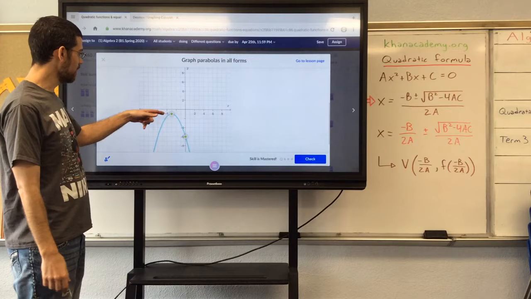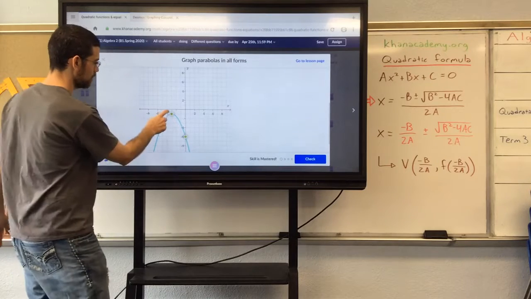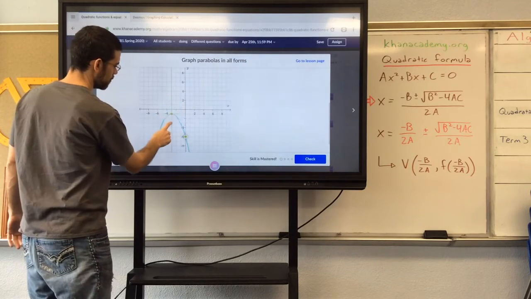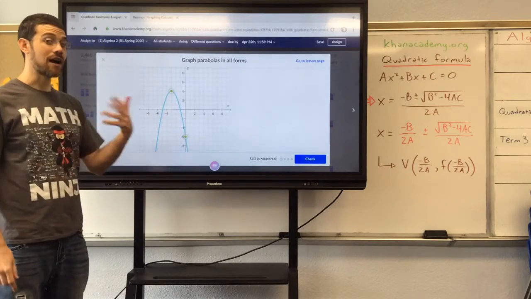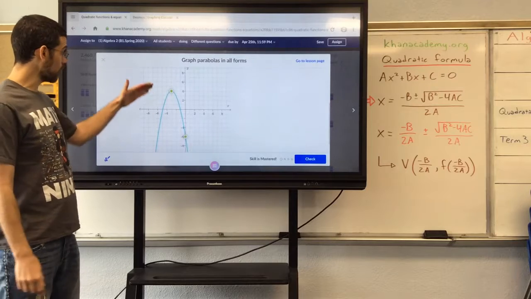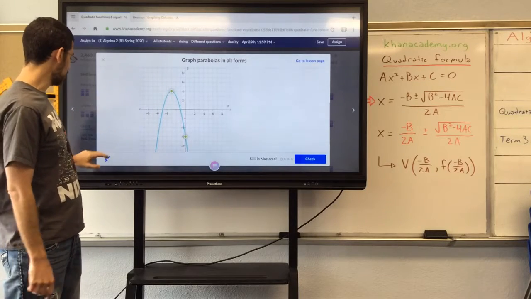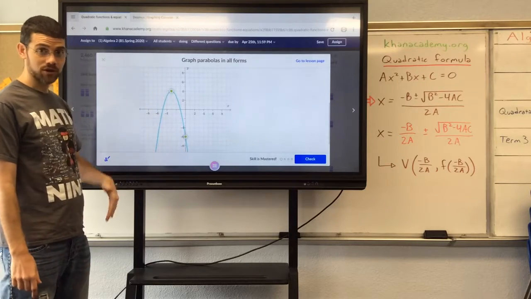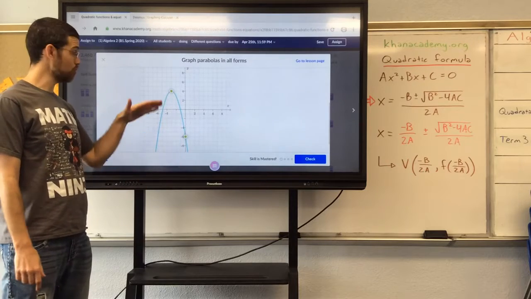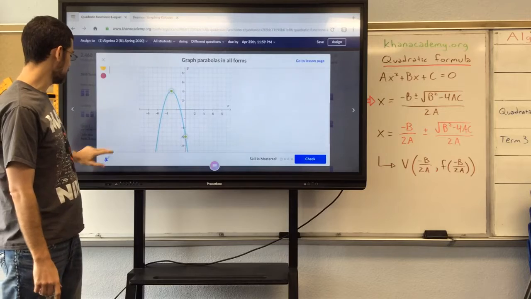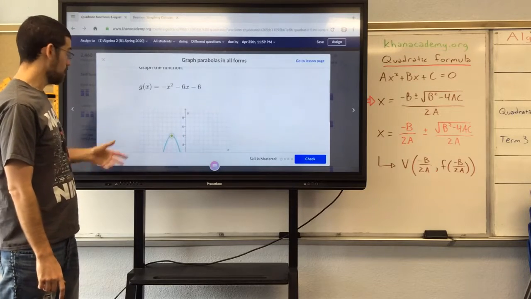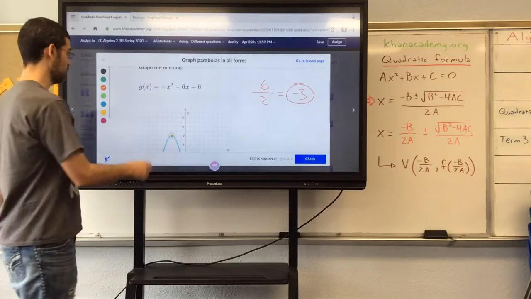So now my vertex is in the correct x position, but notice I can move this up or down without changing where it crosses the y-axis. So now I have to figure out what is the y-coordinate of the vertex? Well, I know the x-coordinate, so I can just substitute -3 for x in the original equation, and that will give me the y value of my vertex.